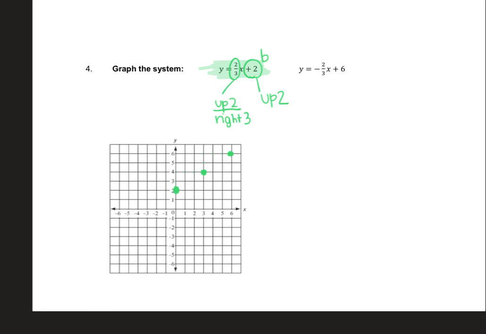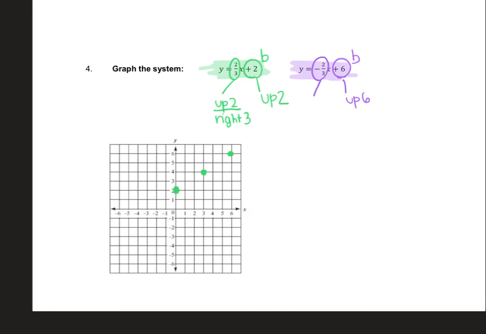My other one, I'm starting up 6. My B is up 6. And then my slope, again, that negative is popped out.